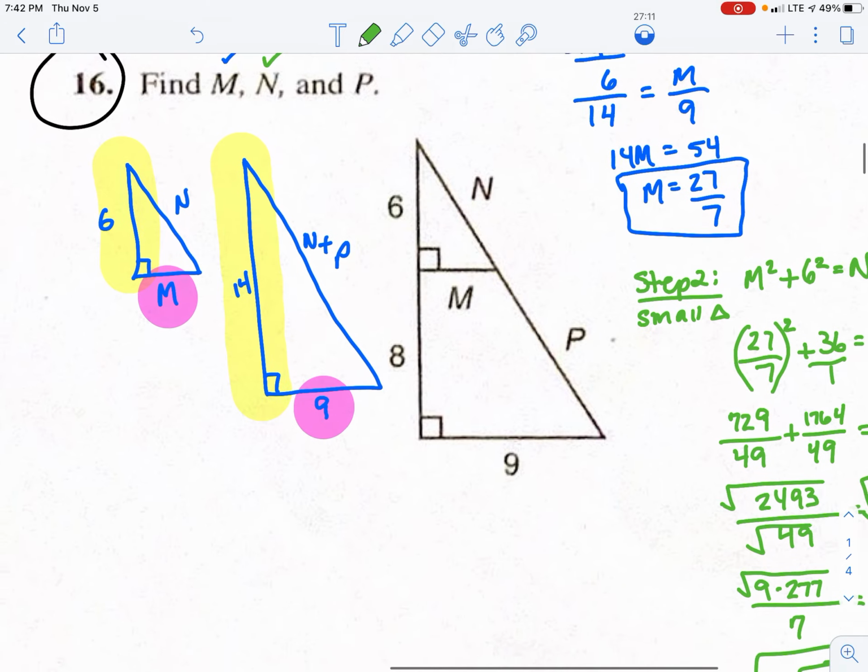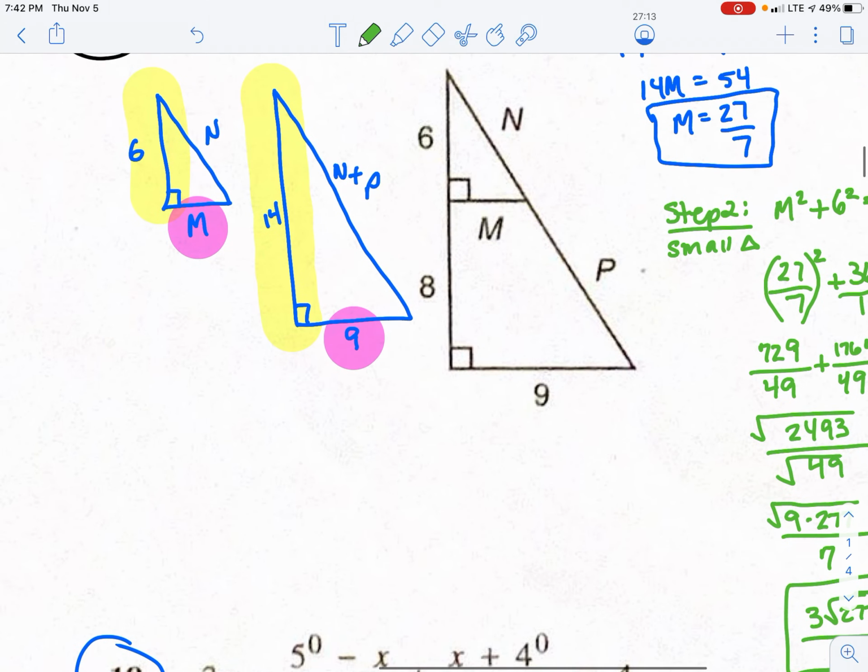And now to find p, okay, I'm going to find yet another color. This is going to be step 3. And we're going to use the large triangle. And we're going to use the same method that we did in step 2.